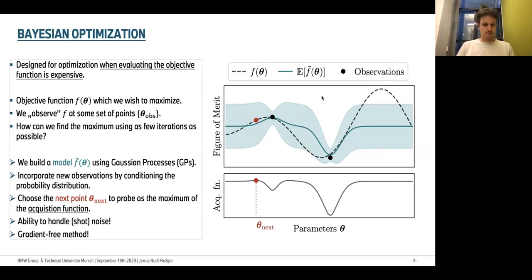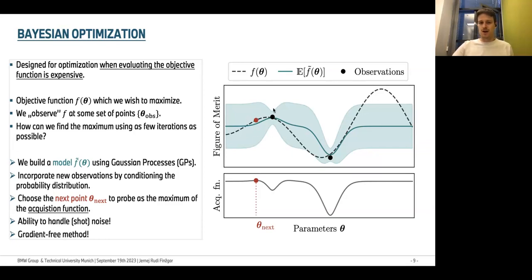A couple of bonus points about Bayesian optimization: one is that, being this probabilistic Bayesian approach, it has an inherent ability to handle shot noise, or noisy observations in general.